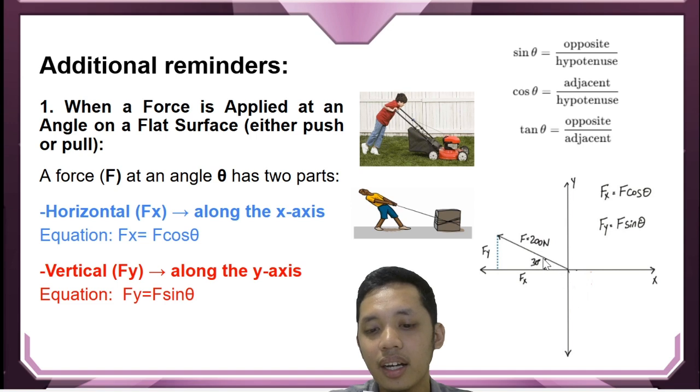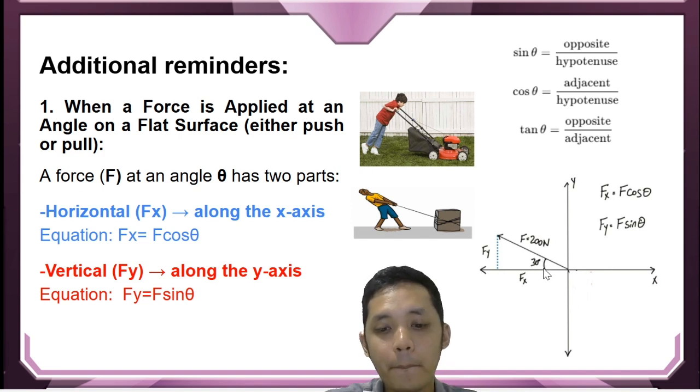Okay? 30 degrees relative to the surface. So, between the surface and the force applied by this person is the 30 degrees angle.